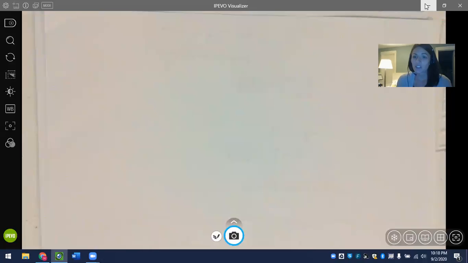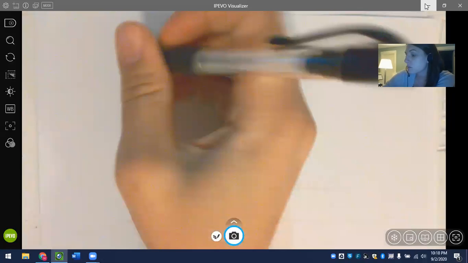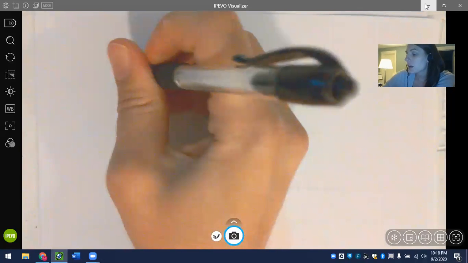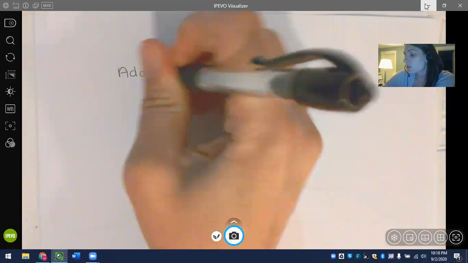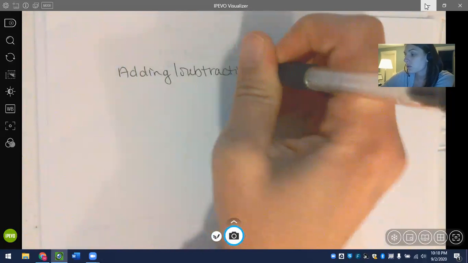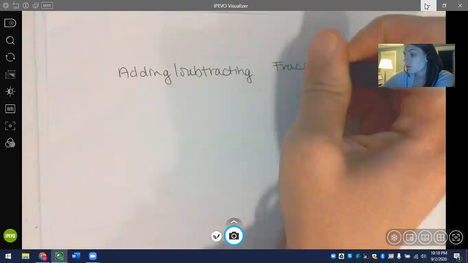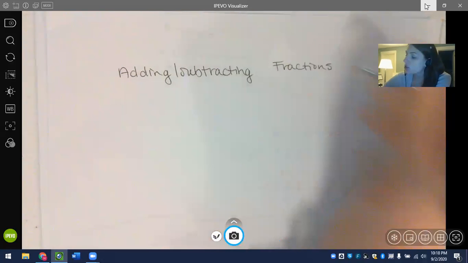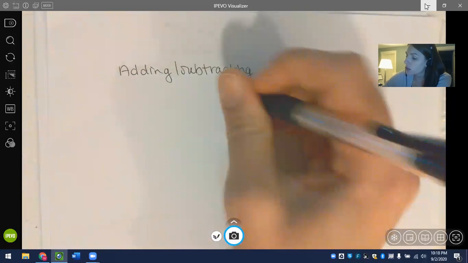Now, addition and subtraction are actually more challenging in my mind than multiplying and dividing fractions, because when we are adding or subtracting fractions, we need to make sure that we have a common denominator.